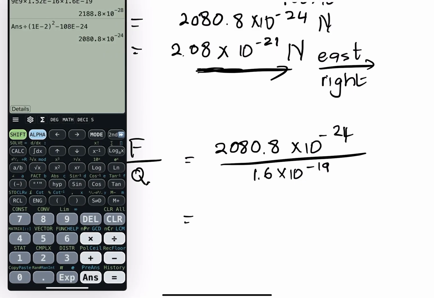I take that answer, 2080.8 times 10 to the minus 24, and I divide that by 1.6 times 10 to the minus 19, and I get an answer of 0.013, and this is newtons per coulomb.